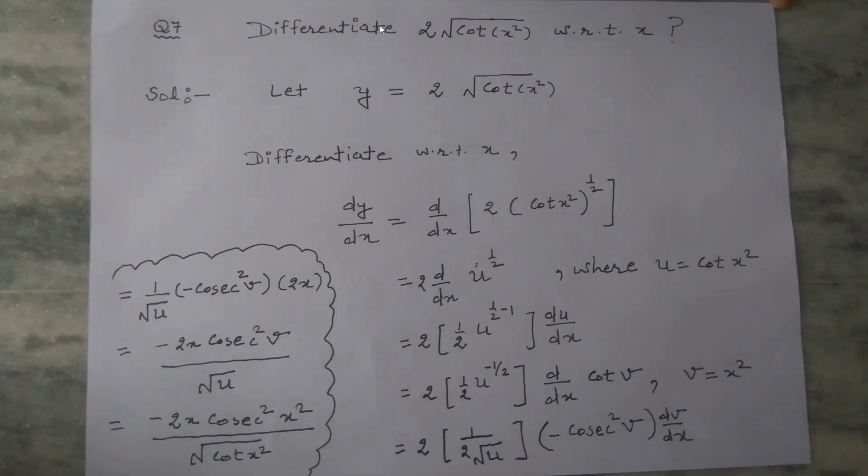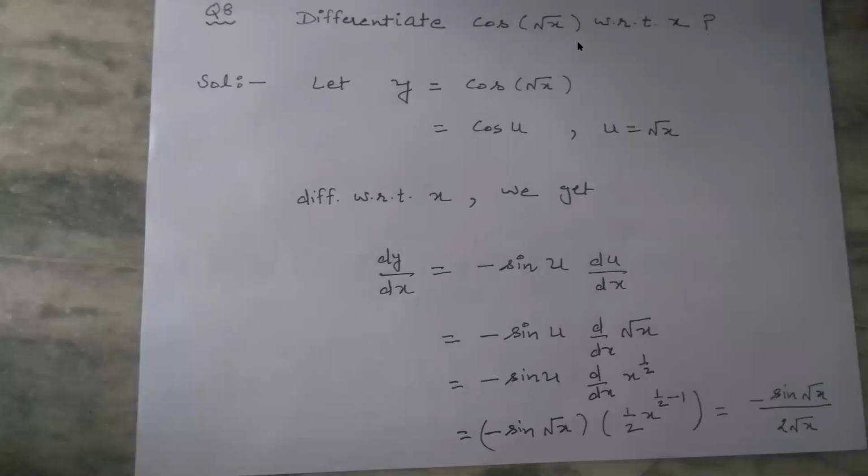Question number 7 is done. Question number 8 is very easy. Differentiate cos of square root of x with respect to x. First of all, suppose y is equal to cos of square root of x. Again we take square root of x equal to u, so this becomes y is equal to cos of u.